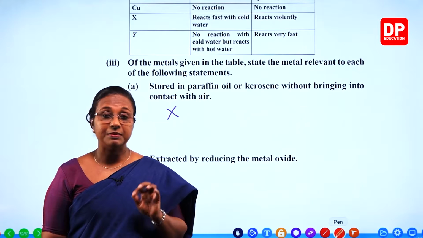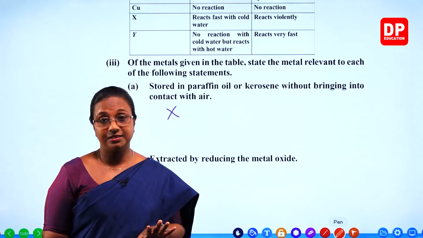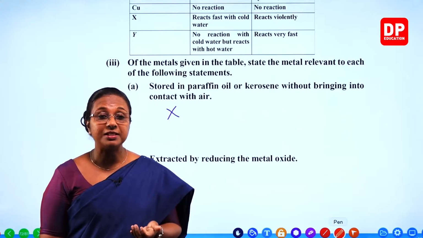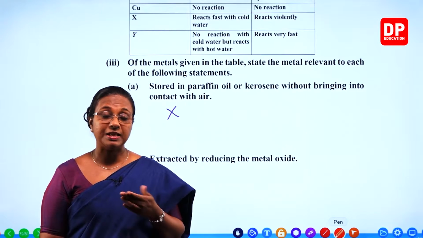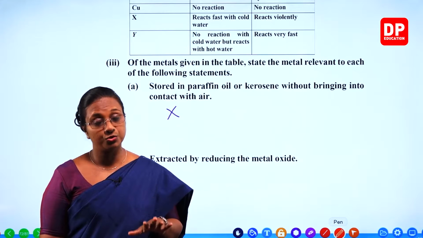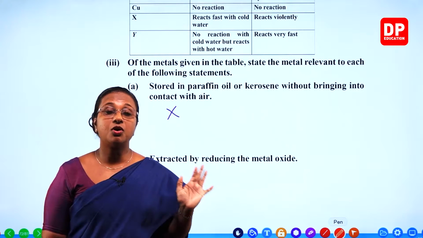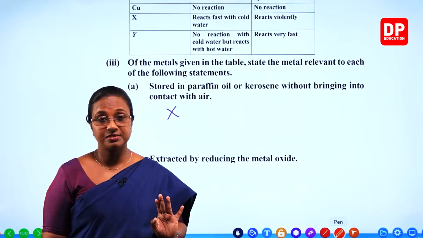For example, sodium. We have discussed the Downs cell method, the industrial extraction of sodium. So, they are extracted by electrolytic methods or electrochemical processes.